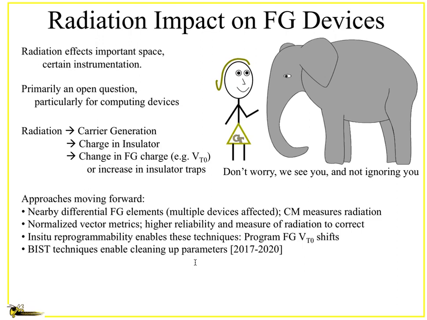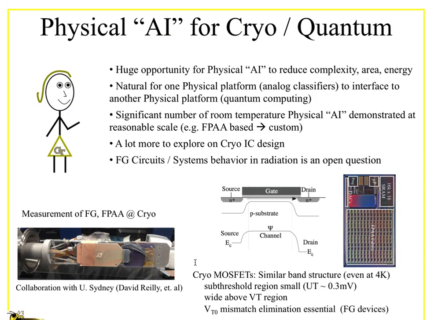But summarizing things, what you end up finding is that for physical AI, for cryo or quantum, there's a huge opportunity for physical AI broadly defined to reduce the area, energy, and complexity and really open up some new opportunities there.